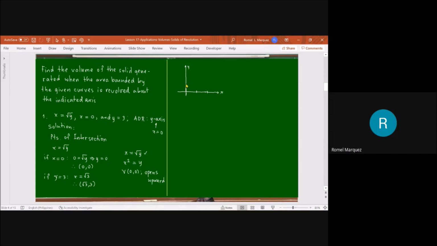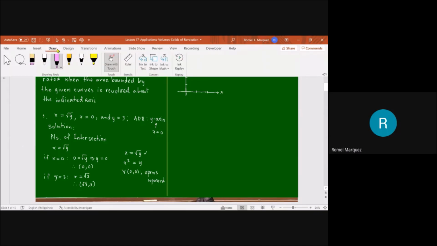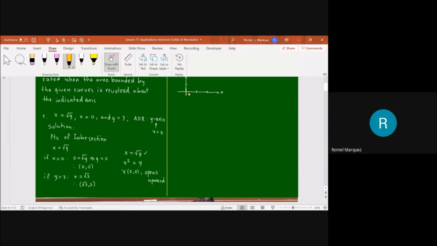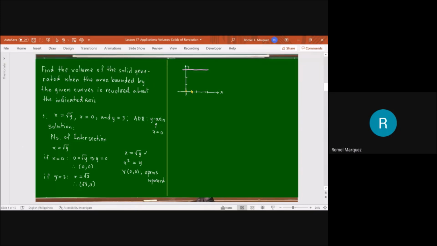I'm going to count along the y-axis 1, 2, 3. So that's the line y equals 3, and then the parabola that opens upward with vertex at (0, 0).